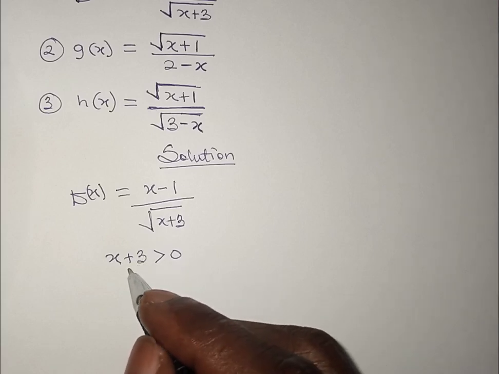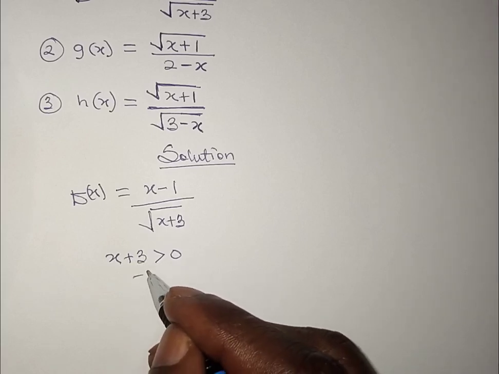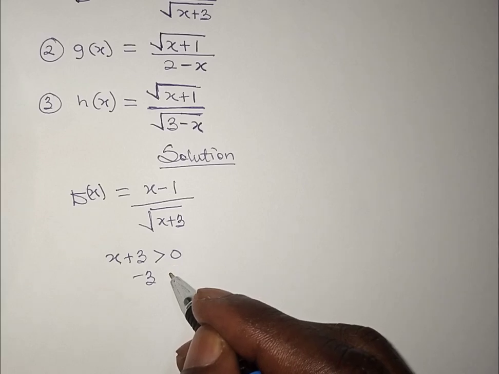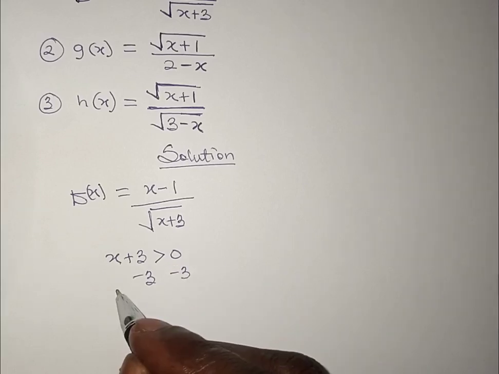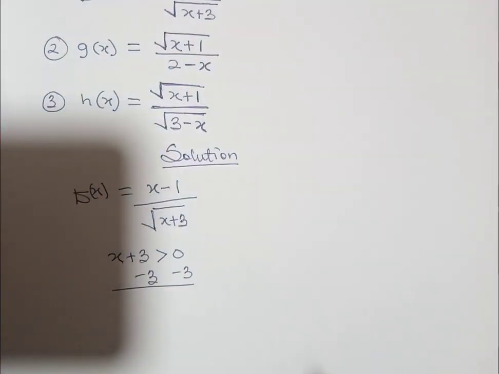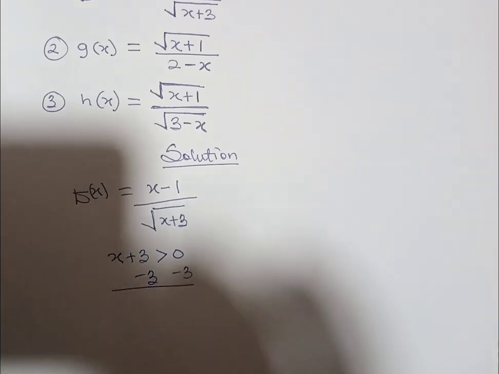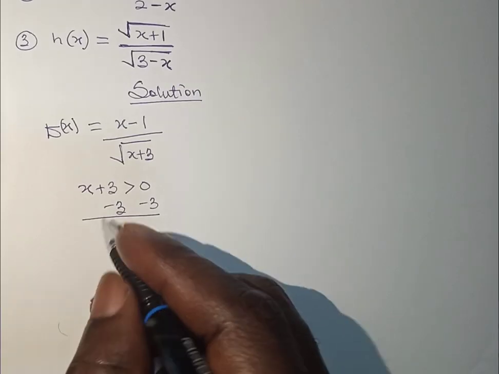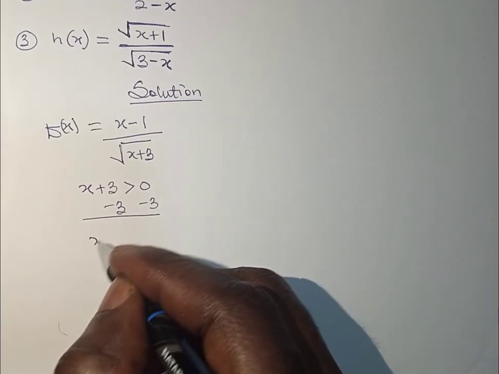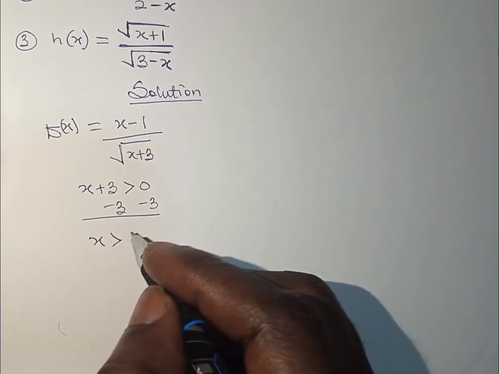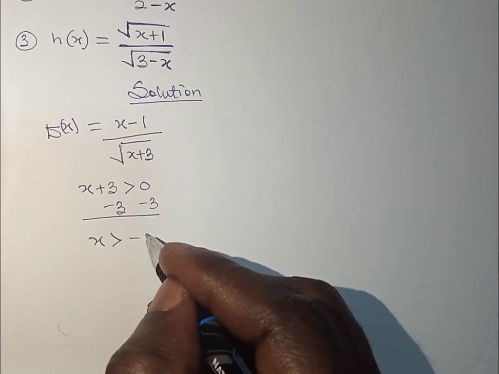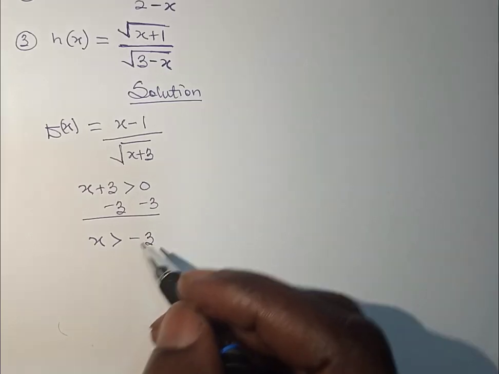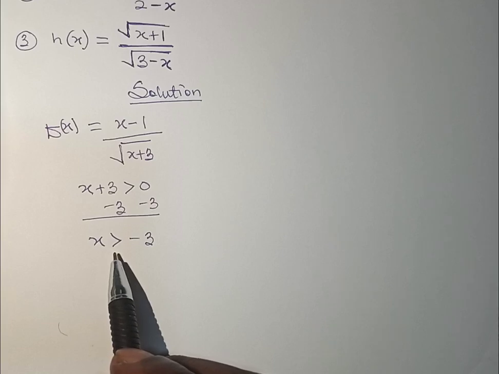To find the value of x, I can just subtract 3 from both sides, and that gives me x should be greater than negative 3. Good. Now this is what we have.